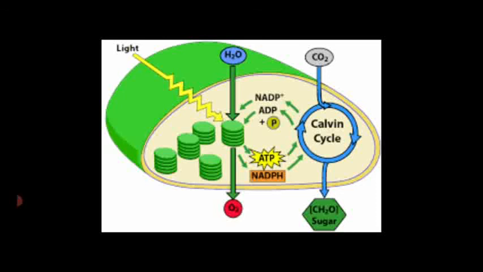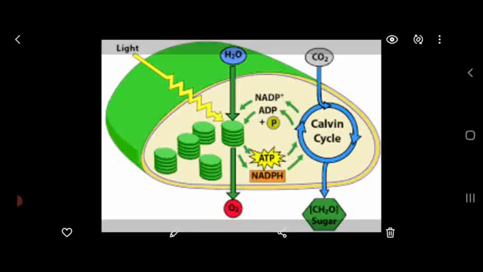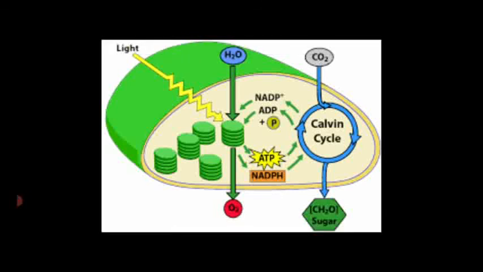Dear students, up to this, the plant anatomy and plant physiology lesson is over. I hope you all understood the different types of tissue system, the internal structure of root, stem and leaf, both dicot and monocot.